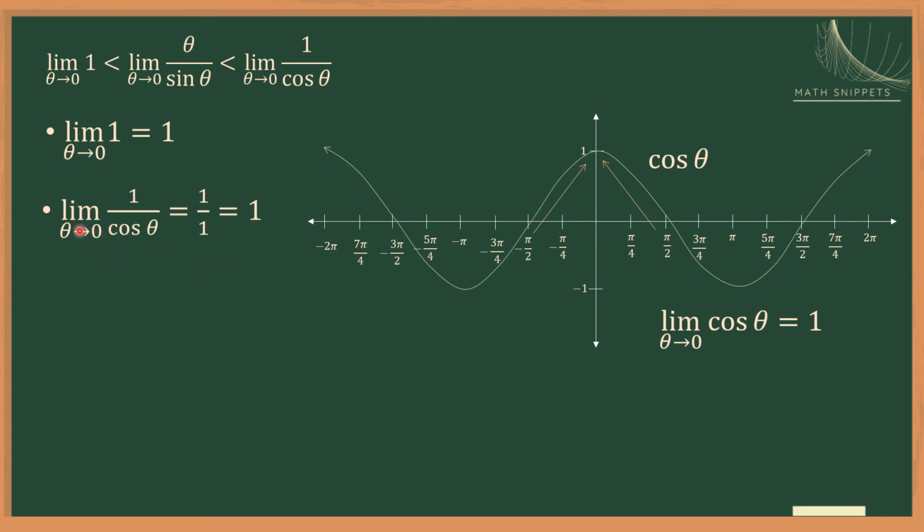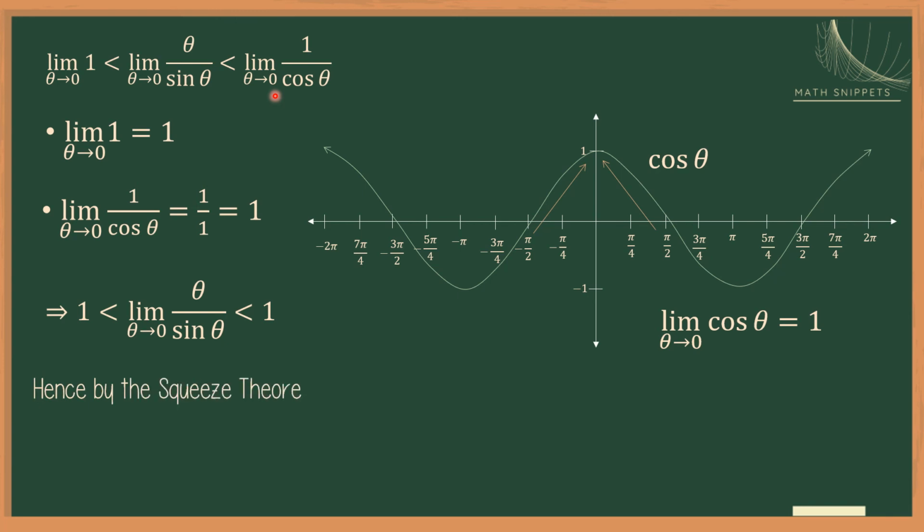Again, this is because the limit of the denominator is 1, from what we've shown earlier. So therefore, the limit of theta over sine theta as theta approaches 0 is squeezed between the constant function 1 and the function 1 over cosine theta.